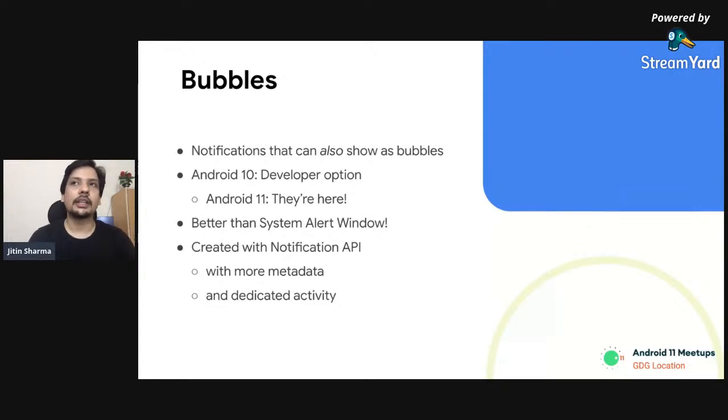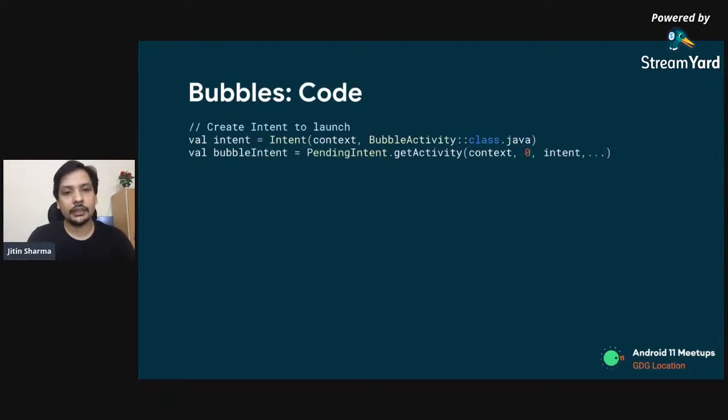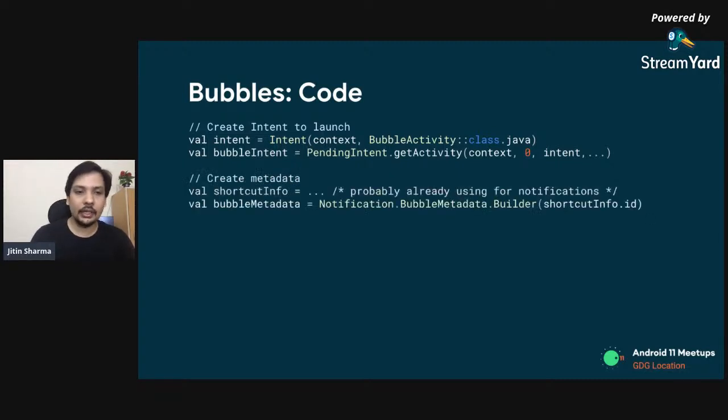Bubbles are also created using the notification API. If you want to have a resizable activity like a bubble, the first thing you need to do is, in your activity, set resizeableActivity to true. Once you have that, you can create an intent and a pending intent similar to what you do for notifications.